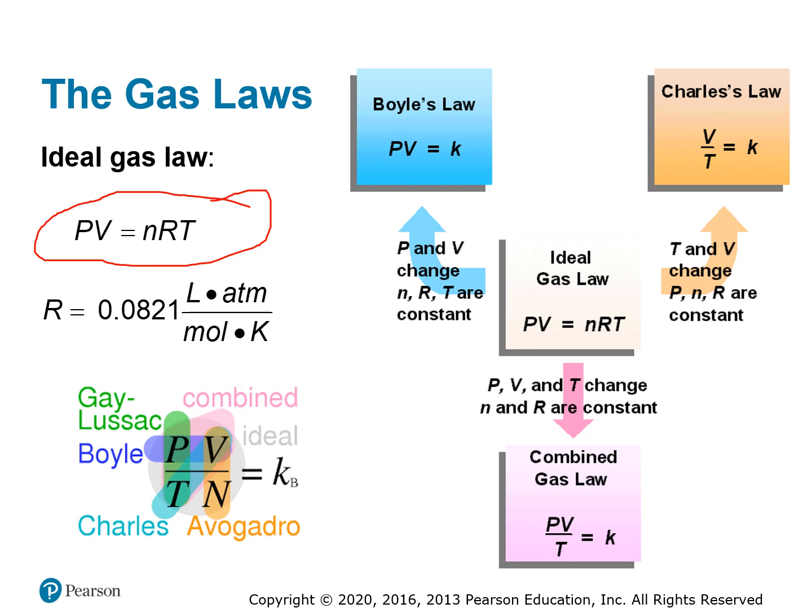If you have, for example, a problem in which you're given the temperature, the number of moles, and the pressure, you can calculate the volume. So if you have one of the things that you don't know, you can calculate it from all the other parameters. R is always this constant. So if you have P and V and N, the number of moles, you can calculate T and so on.